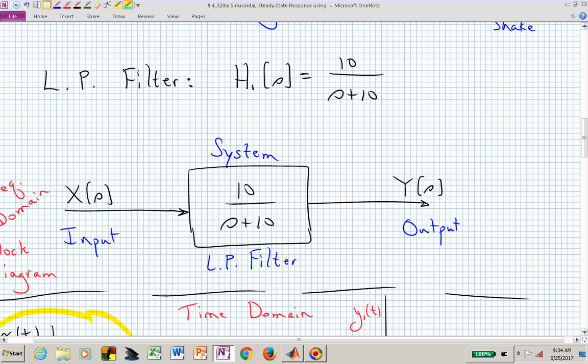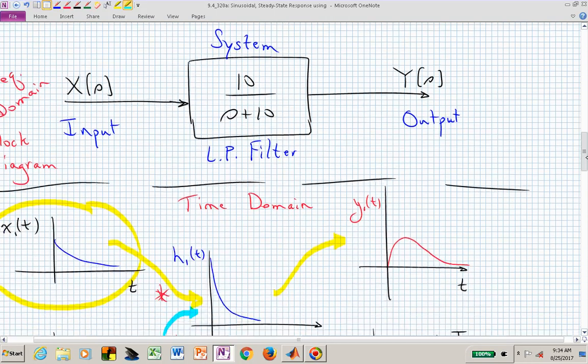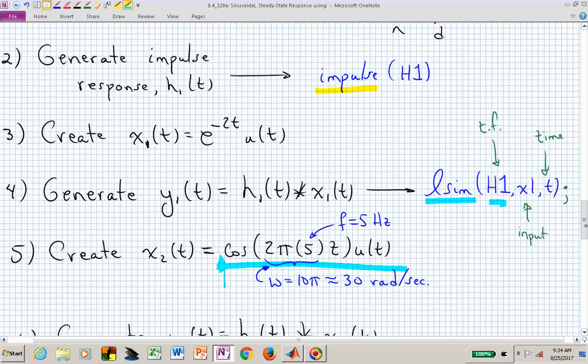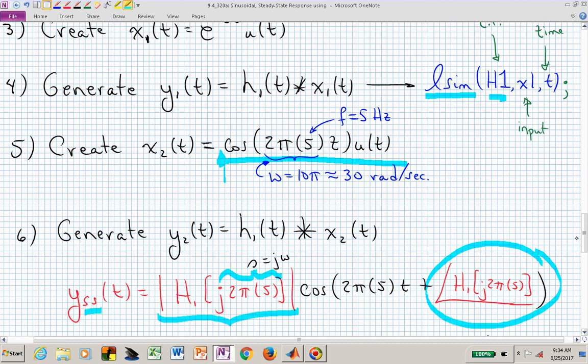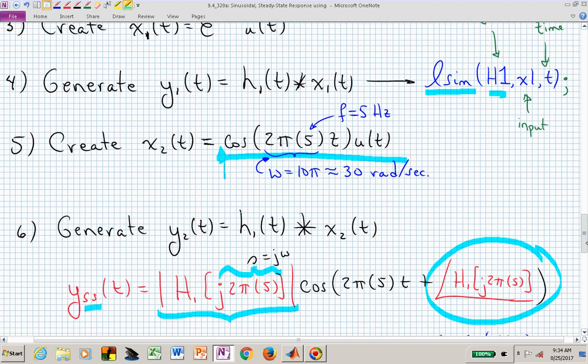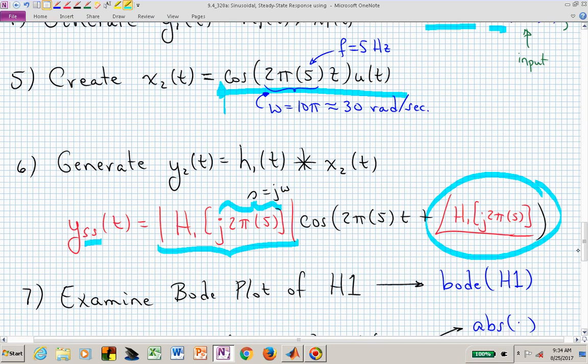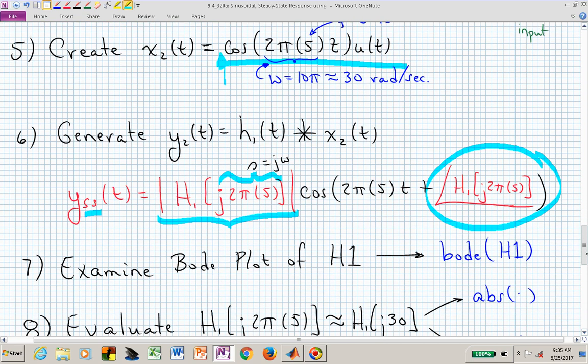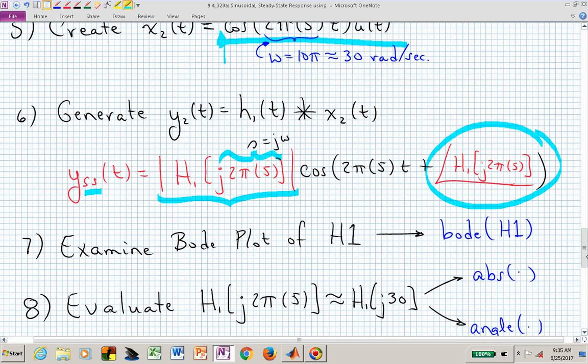So now we have 10 over j30 plus 10. We want to find that complex number in terms of a magnitude and an angle, in polar form, and that provides us with the magnitude change and the phase change in our sinusoidal input signal that produces the sinusoidal steady state output.